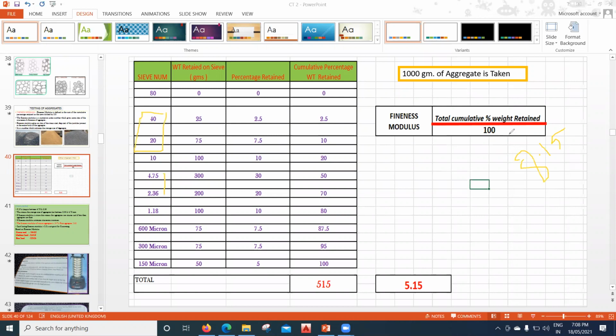That means if the fineness modulus is increasing, what is happening? Your aggregate sizes are increasing from 20 to 40. As a result, the coarseness has increased. So whenever the fineness modulus increases, it means the coarseness of that particular aggregate is going to increase, right? And if the fineness modulus is more, surely your aggregates are going to fall in the coarse aggregate category. With this understanding, again we'll try to see the other 3 points.